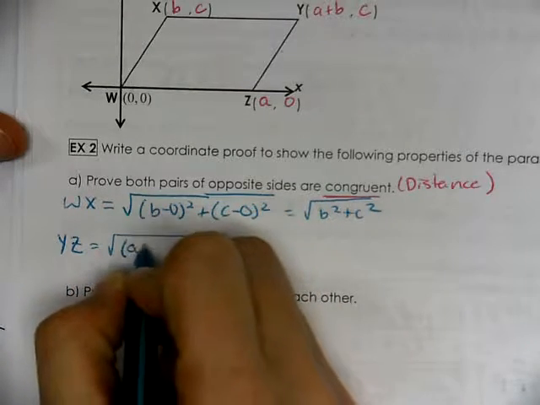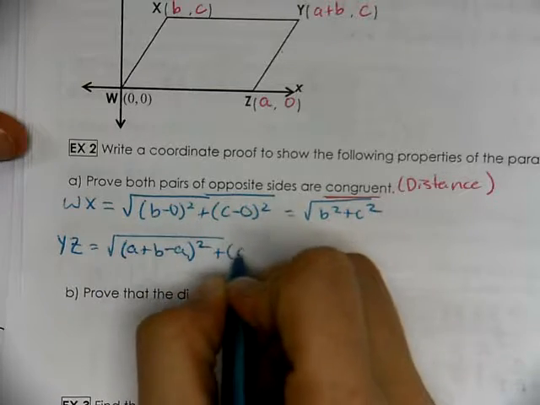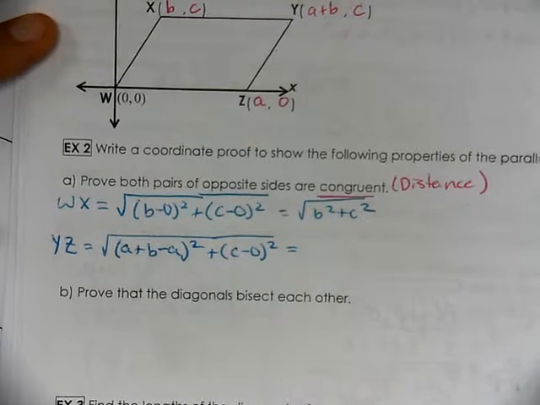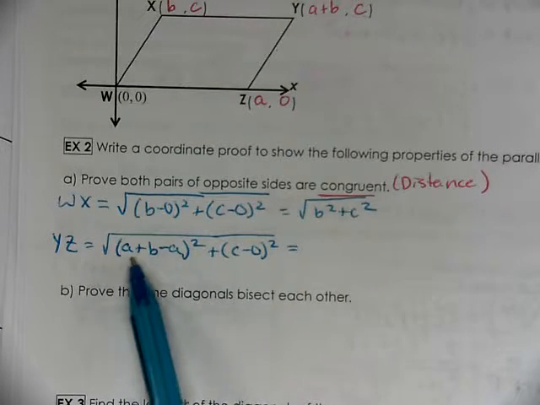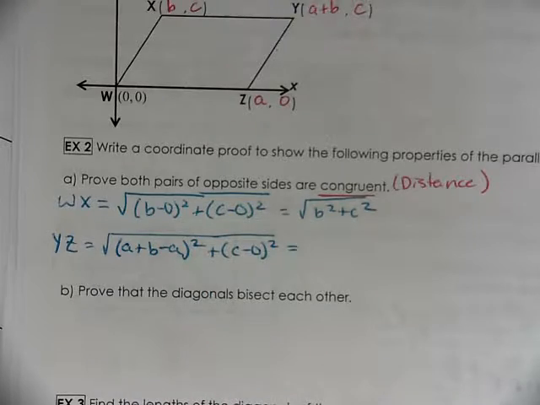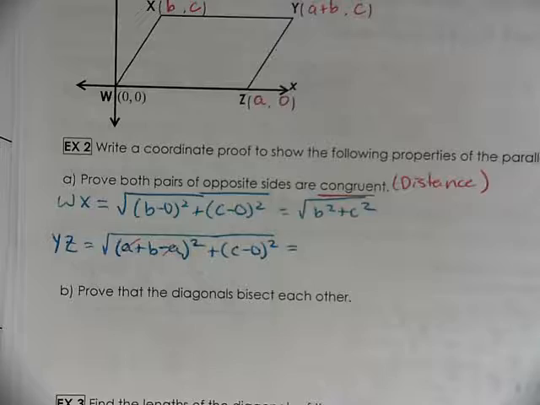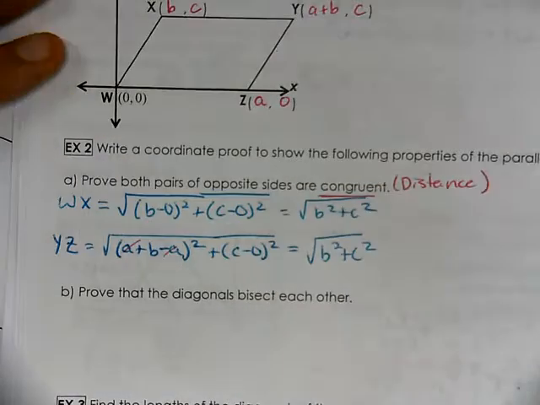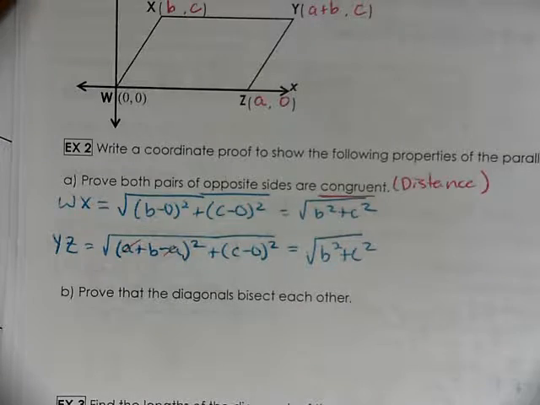So, A plus B minus A squared plus C minus 0 squared. What happens here with the A's? They cancel out. So did you end up with the square root of B squared plus C squared again? So I got one pair of congruent sides.